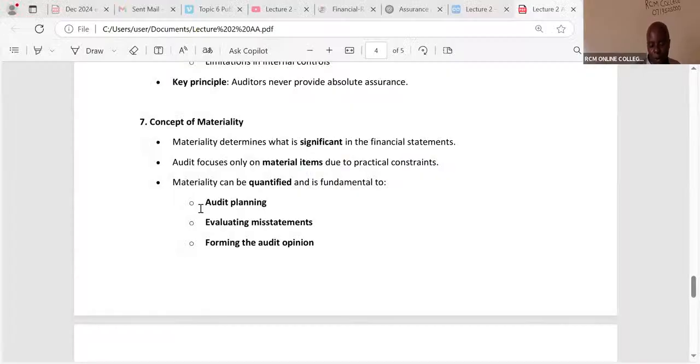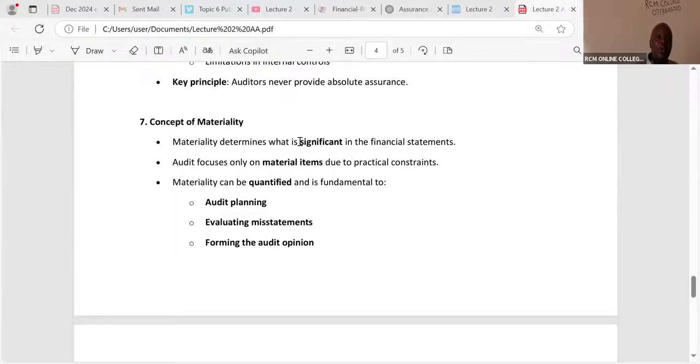Now, today I will only mention something to do with materiality, but I will not be able to compute it for you today. I'll not be able to show you how to compute the materiality thresholds. Remember, ladies and gentlemen, when we talk of materiality, this determines what is significant in the financial statements. There will be insignificant items and there will be significant items.